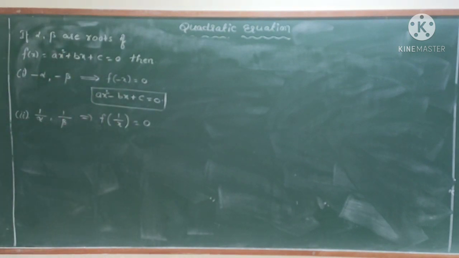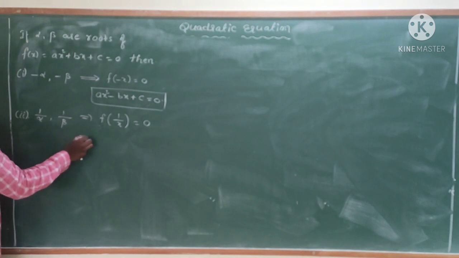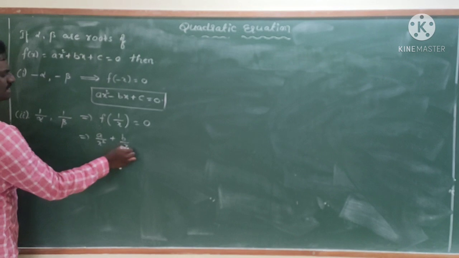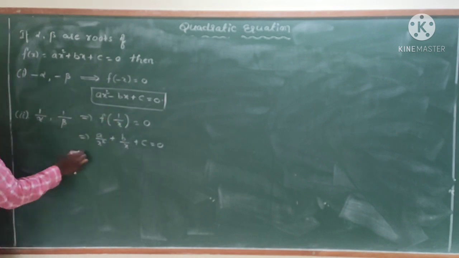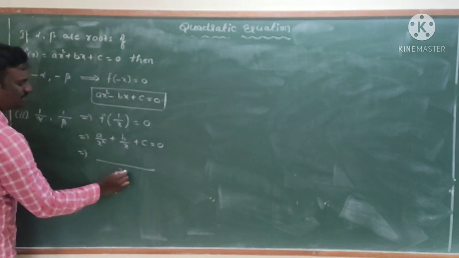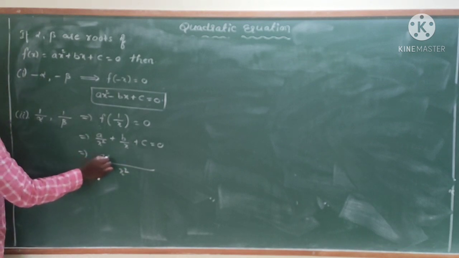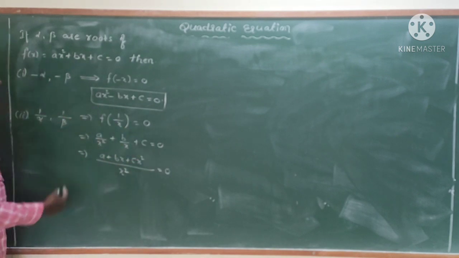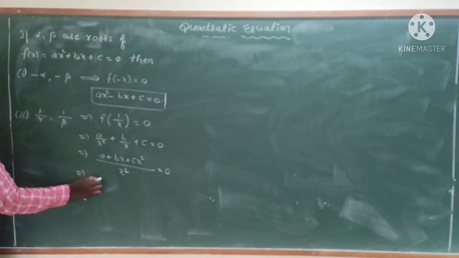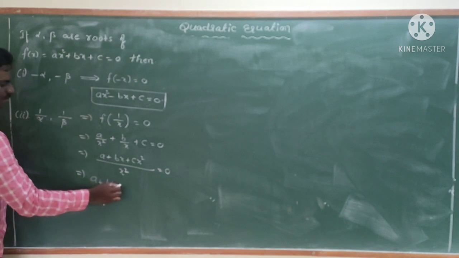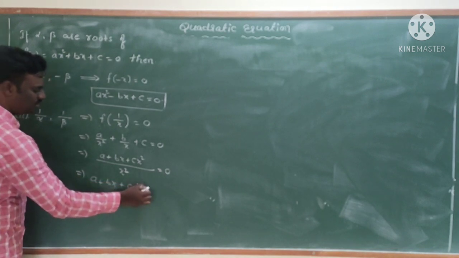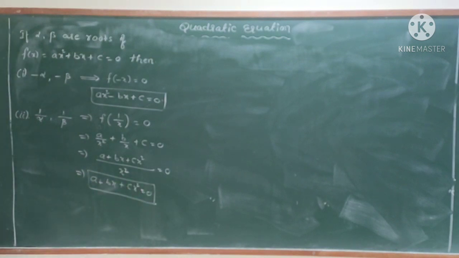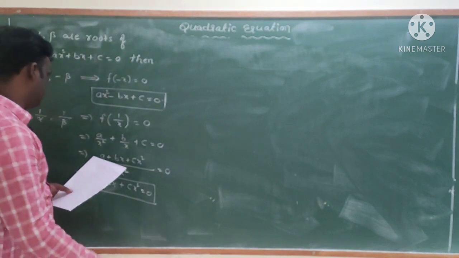Then the equation is a by x square plus b by x plus c equals 0. We take the LCM, x square is the LCM, then a plus bx plus cx square equals 0. Cross multiply, then we get a plus bx plus cx square equals 0. This is the quadratic equation if the roots are 1 by alpha, 1 by beta.